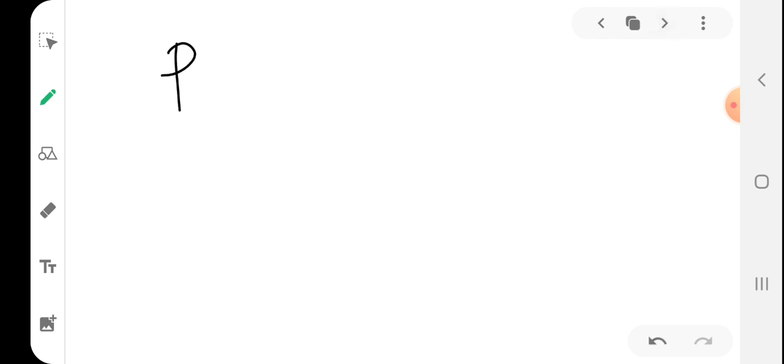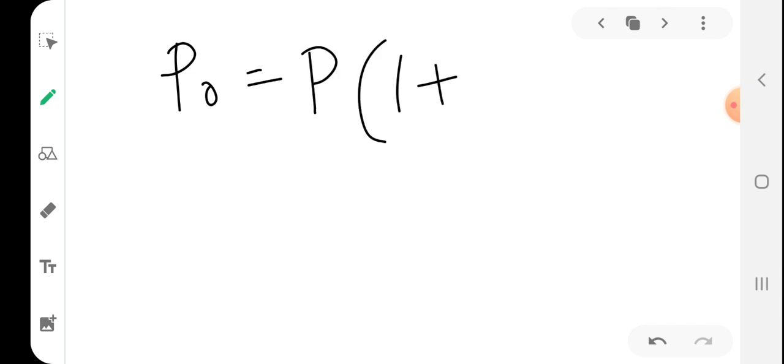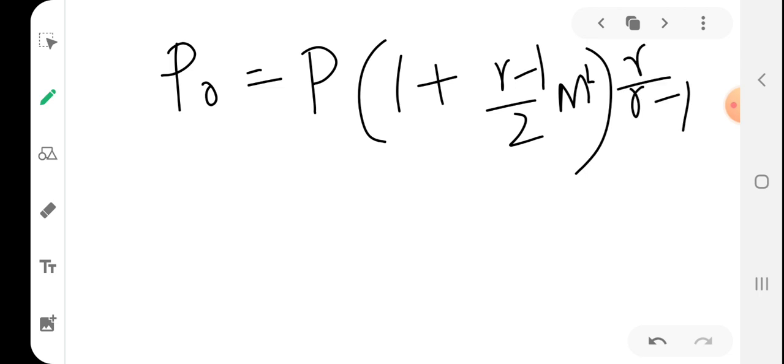Similarly, P0, you learned the equation P0 equal to P into (1 plus (gamma minus 1) by 2 Mach square) to the power gamma by gamma minus 1. This equation you know, but you don't need to apply this equation with gas tables.